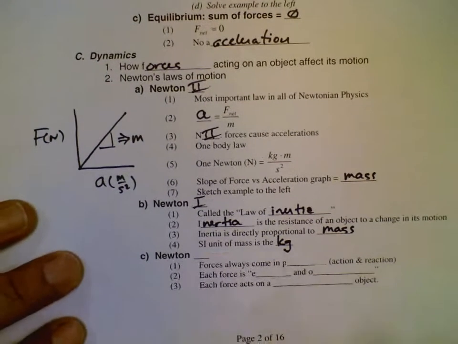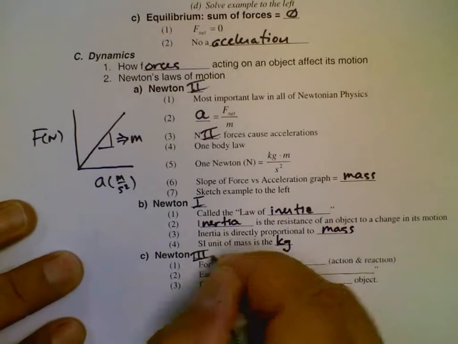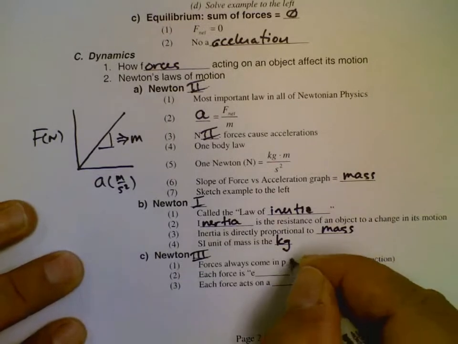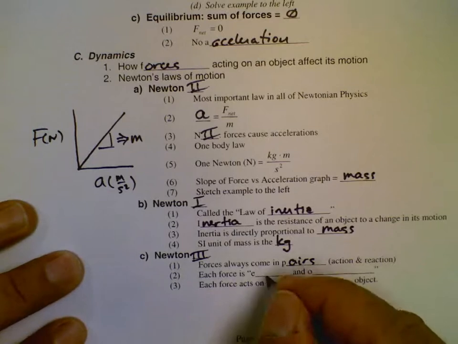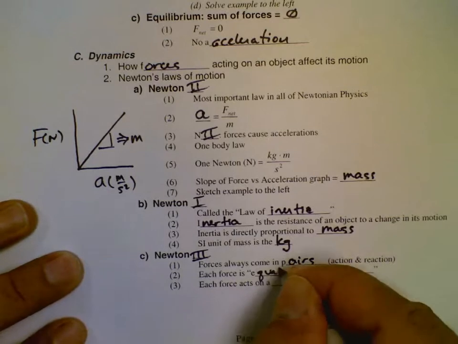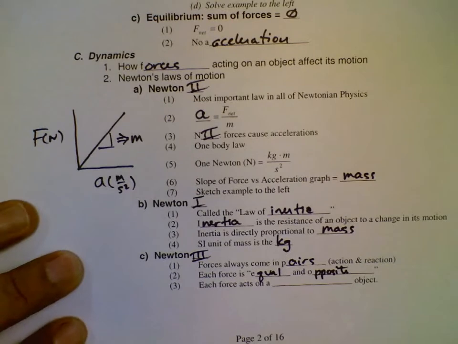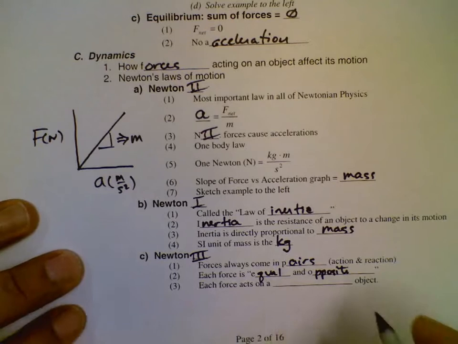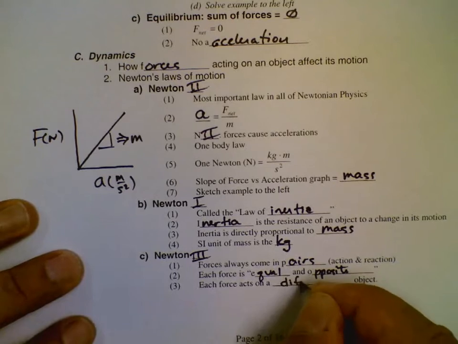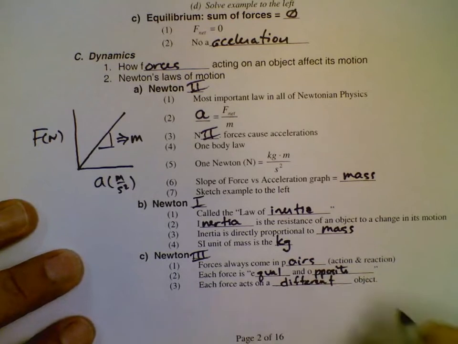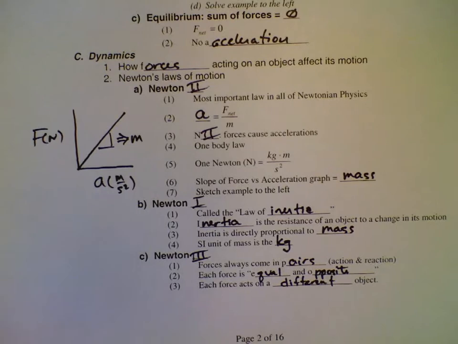And we end up with Newton 3, which basically says forces always come in pairs. Each force is equal and opposite. Now, if these forces acted on the same object, they would cancel out. So they never do. Each force acts on a different object. All right? So that's a quick rundown of some topics in mechanics, and that's the end of video 1.